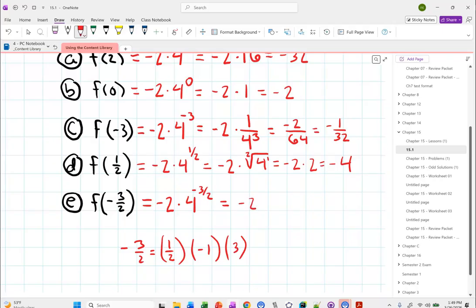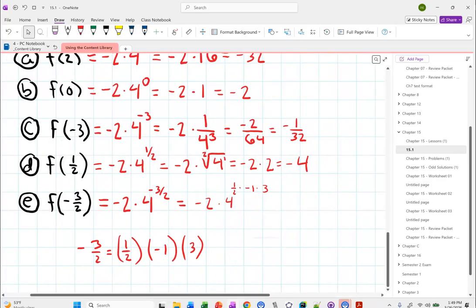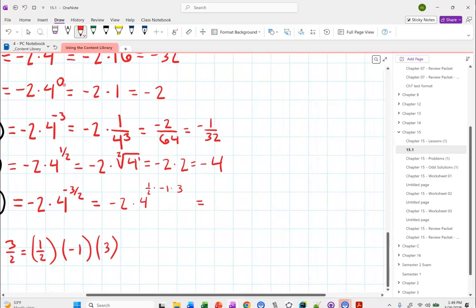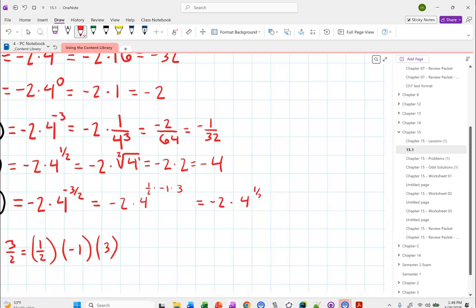So when I have a multiplication in my exponent, what is the rule when I have multiplication in my exponent? That means it was the exponent of an exponent. So I'm going to think about it this way in my mind. Why did I choose this particular order? Does it matter the order that I multiplied those three things together by?